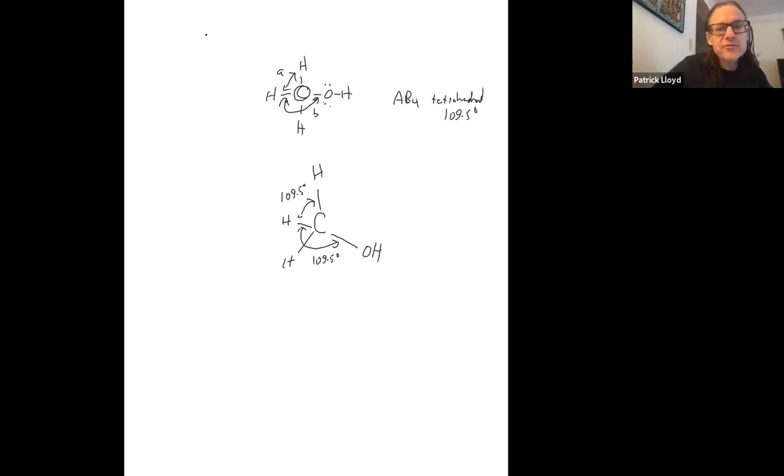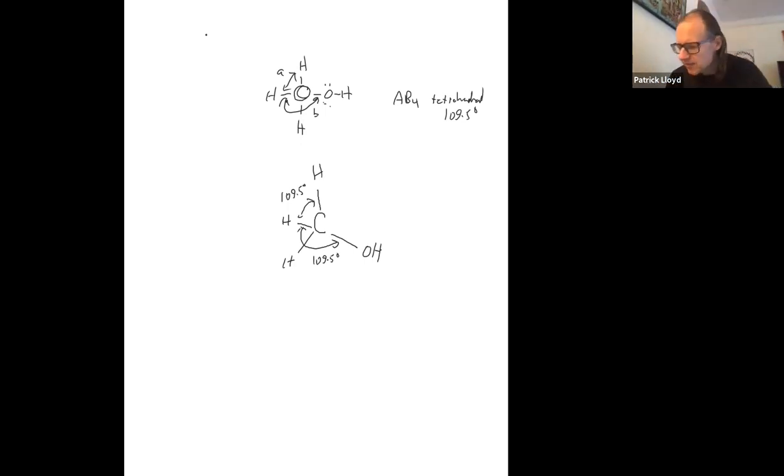They do give you some information about bonding, a single versus a double or a triple, but that's a weakness of them: they don't give you the angular relationships. So for that one, any two of these surrounding groups are going to have the same angle with respect to each other, 109.5.